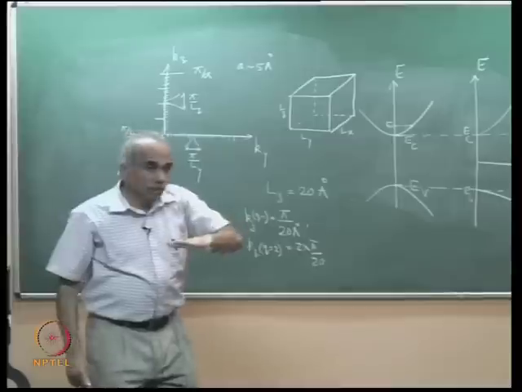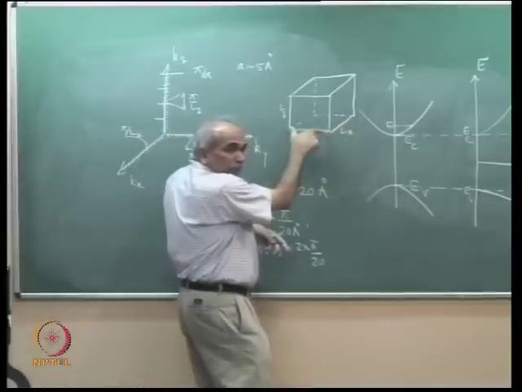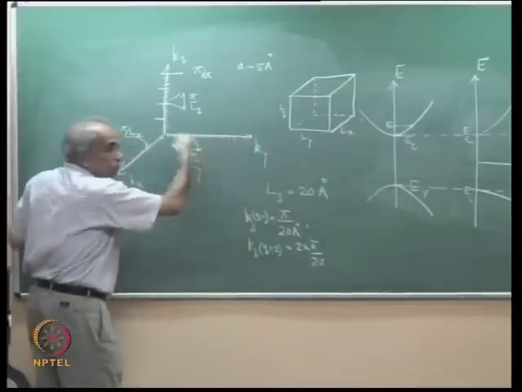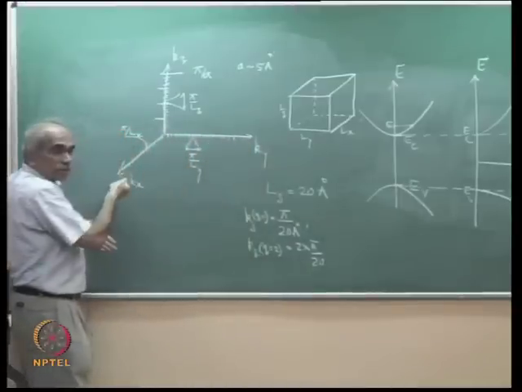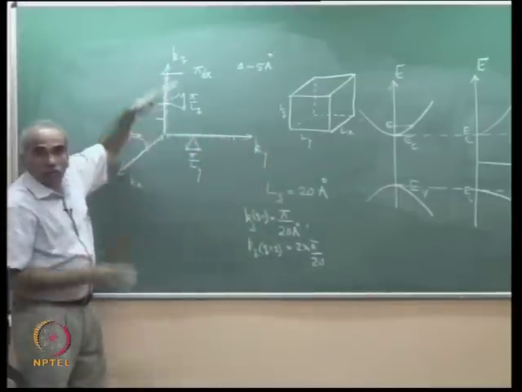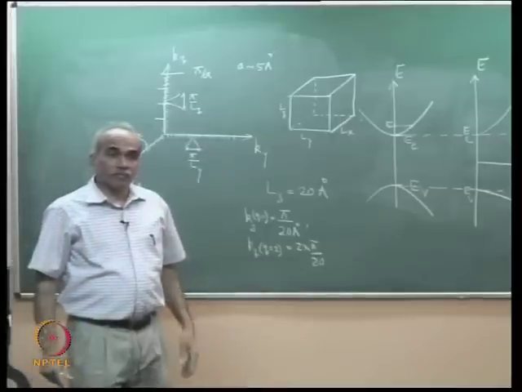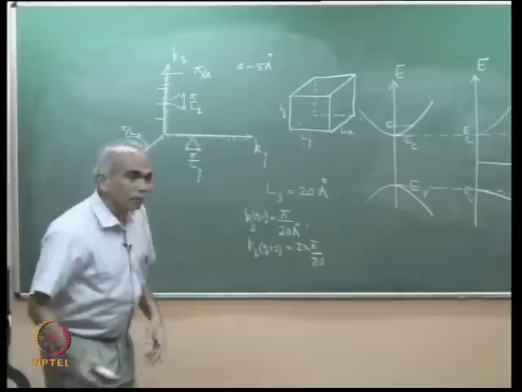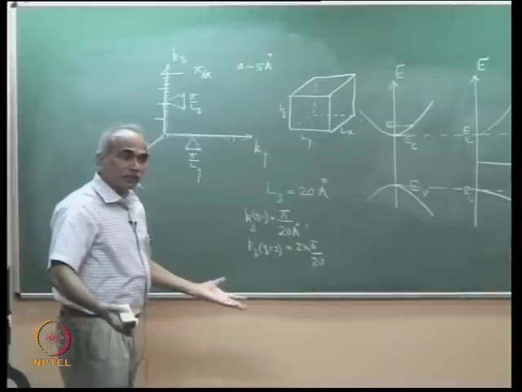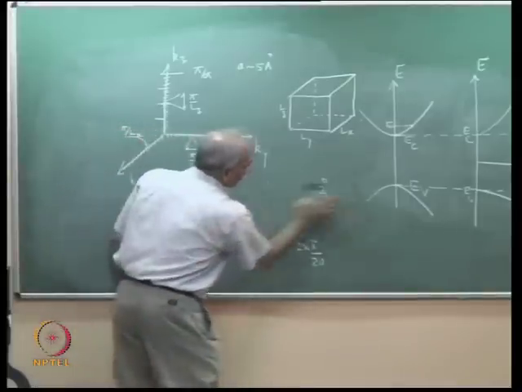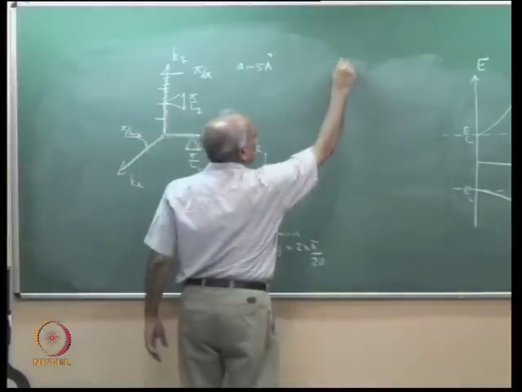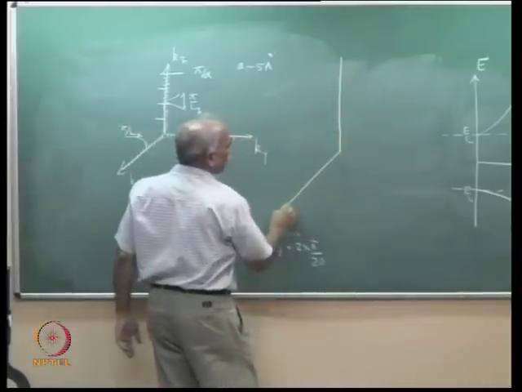You follow this? But Lx and Ly are the same, and therefore we have a large number of points for Ky and Kx. But here it is completely discrete with just 4 allowed states. What is its implication? What will be the density of states? So I draw it again.